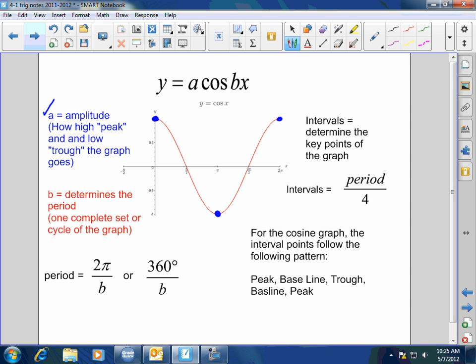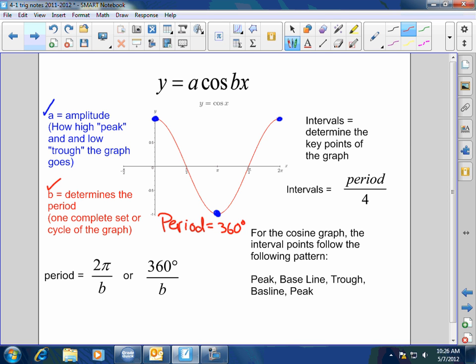Same thing. The B determines the period. It is not the period. So in this case, just like the sine, the cosine's period is also 360.